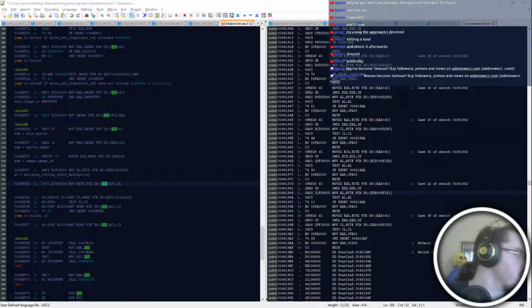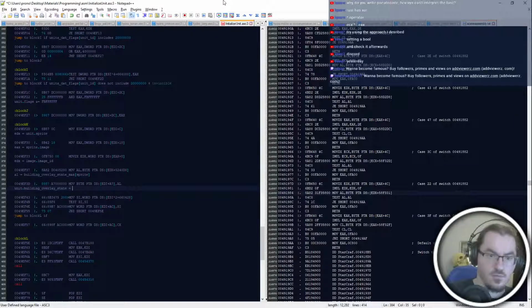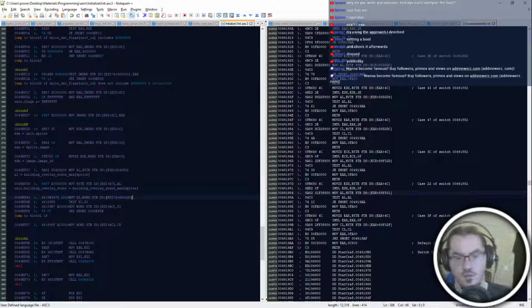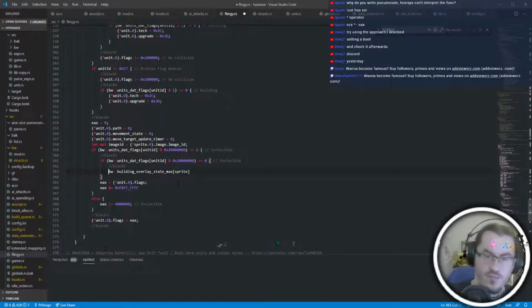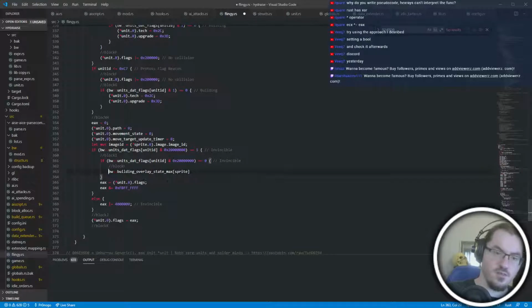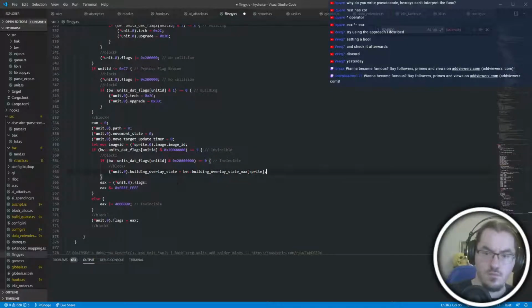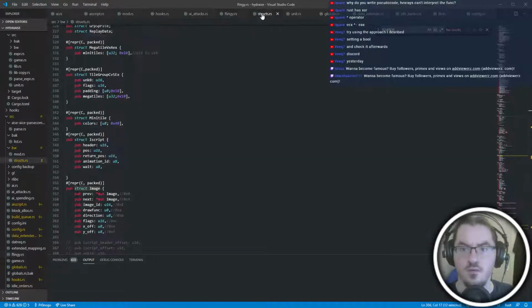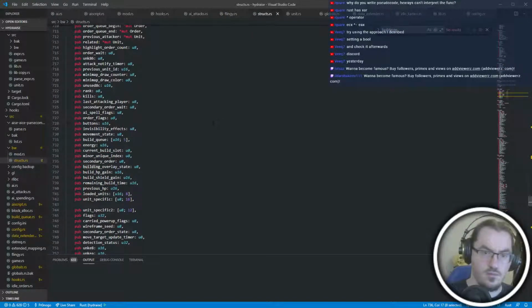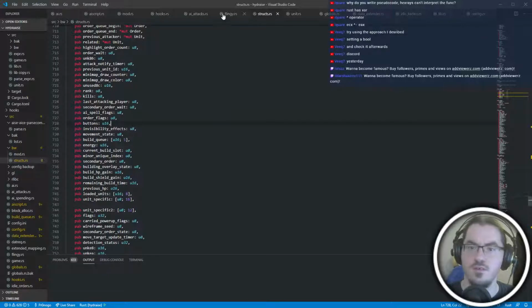So unit A7. All right, that's our first operation in this block. Unit. Yeah, just wanted to make sure that that was the case.